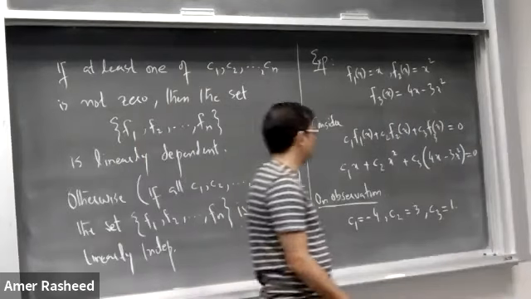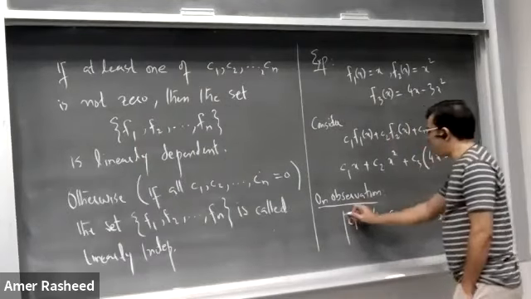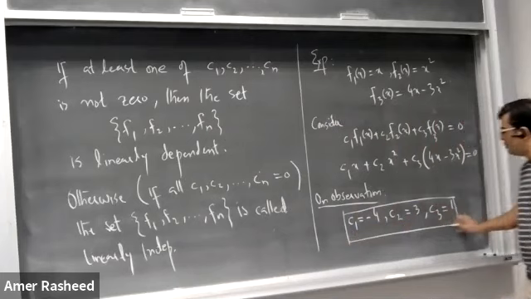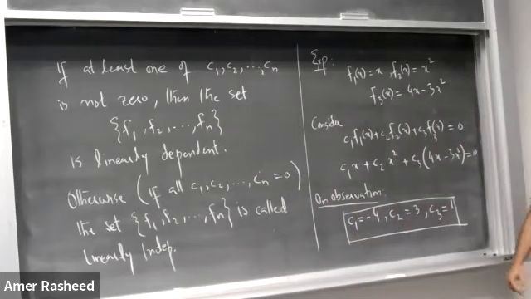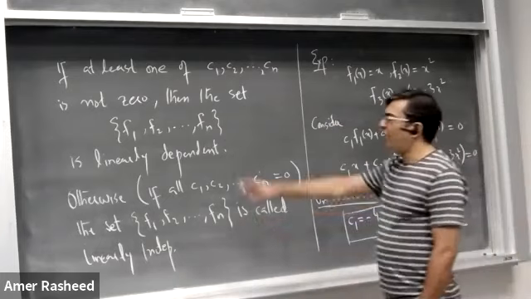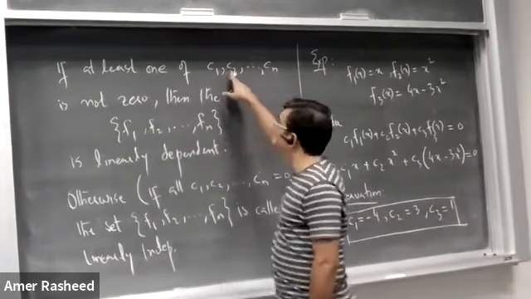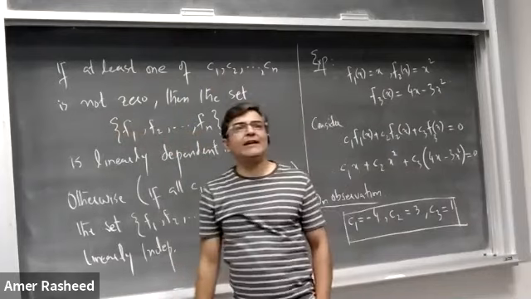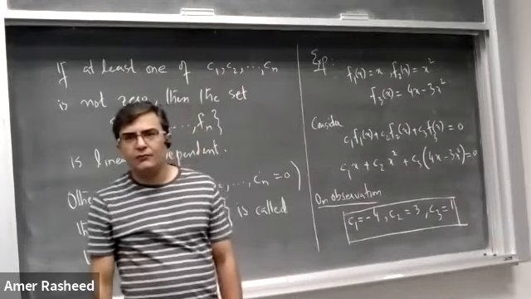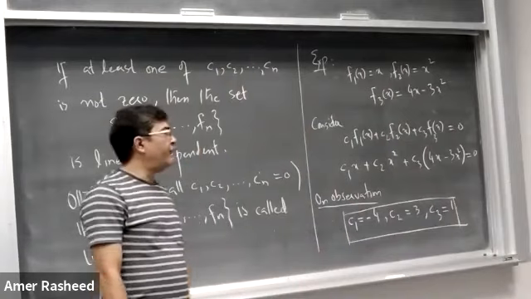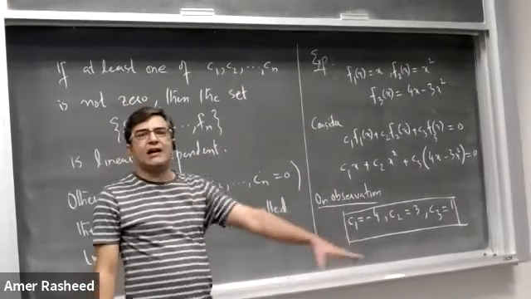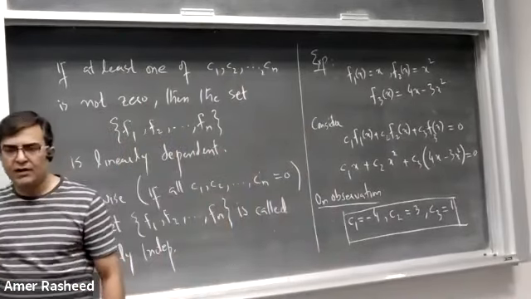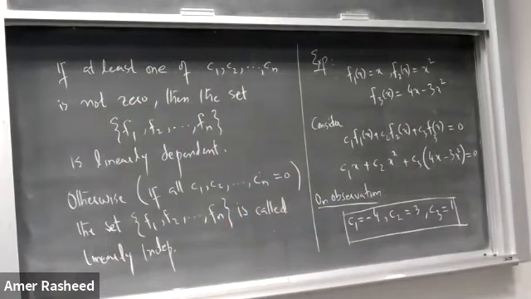So there are values which are not 0, but still this expression becomes 0. As I told you, if at least one of these C's is not 0, then the set is linearly dependent. If all these constants are identically 0, then the set is linearly independent.